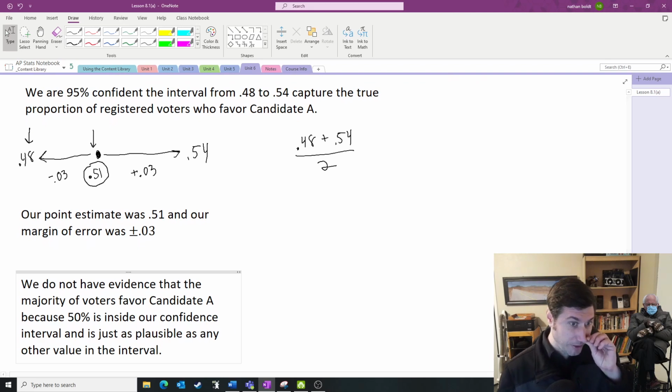It's just as plausible as 48, as 54. So we do not have evidence that they favor candidate A, because 50% is inside our interval.